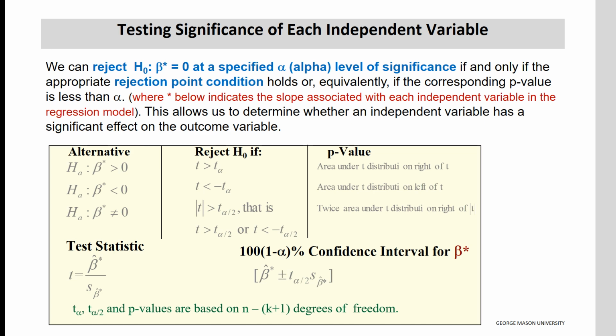Essentially, we reject the null hypothesis, which states that the slope equals 0, at a specified alpha level of significance, usually 0.05, if and only if the appropriate rejection point condition holds, or equivalently if the corresponding p-value is less than alpha. Again, we use the p-value method rather than the rejection region method, and we simply compare the computed p-value to the alpha value that we set, usually at 0.05.